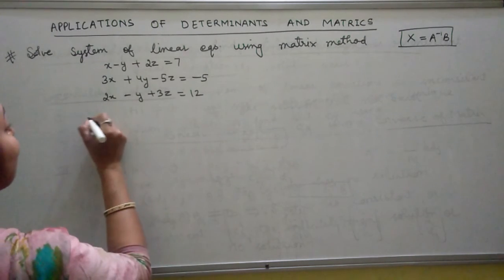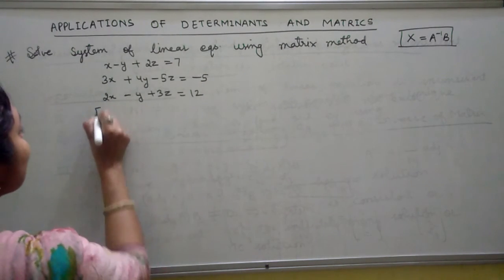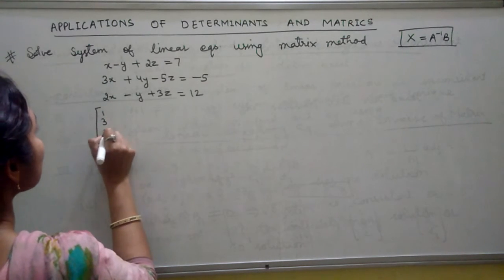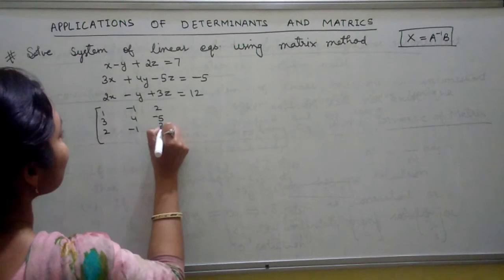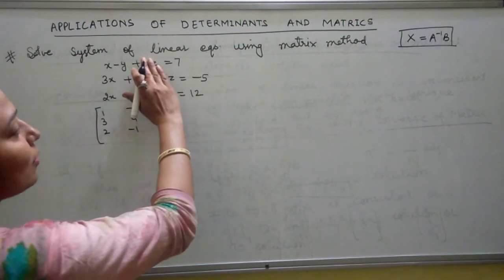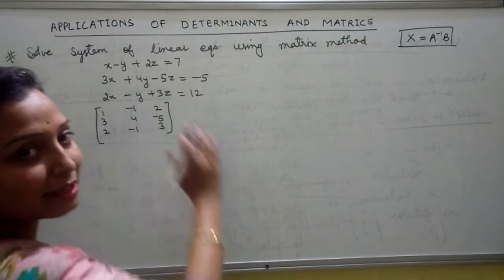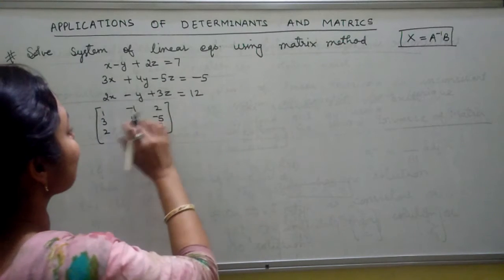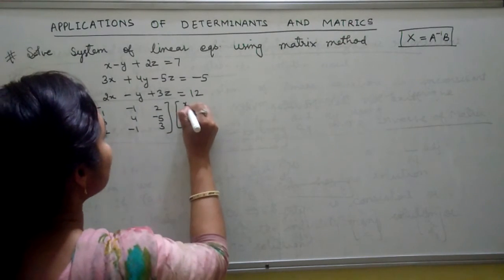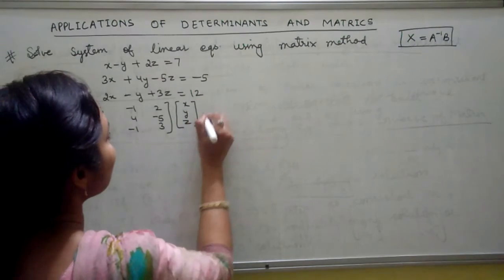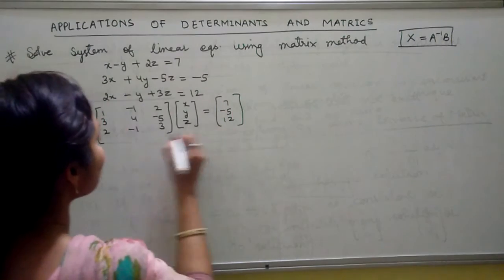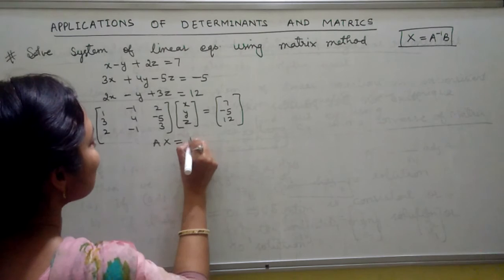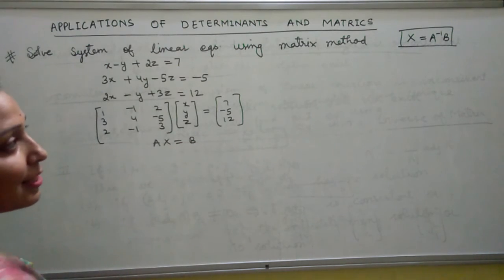First of all I will write it as AX is equals to B. A is 1, minus 1, 2; 3, 4, minus 5; 2, minus 1, 3. If there is no z, we have to write 0 in place of z. Next is X, which is x, y and z, three variables, equals to 7, minus 5 and 12. So this is in the form of AX is equals to B.